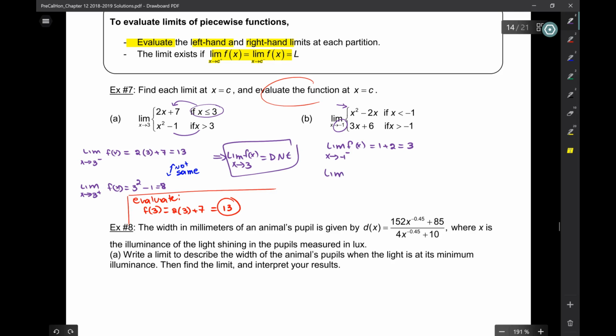And then the limit as x approaches -1 from the right side of f of x, that's 3 times -1 plus 6, that's equal to 3. So what do you think about the limit? It's 3, right? Because these are the same.